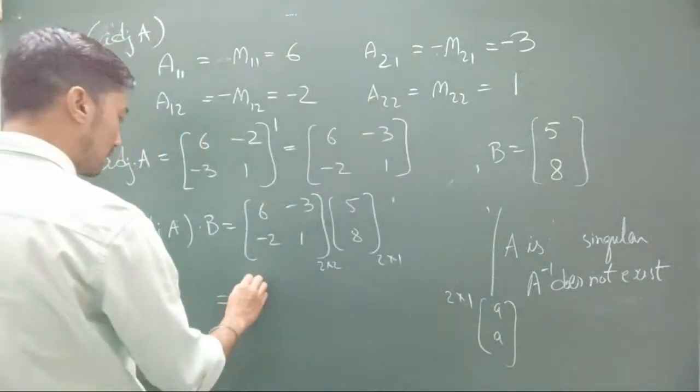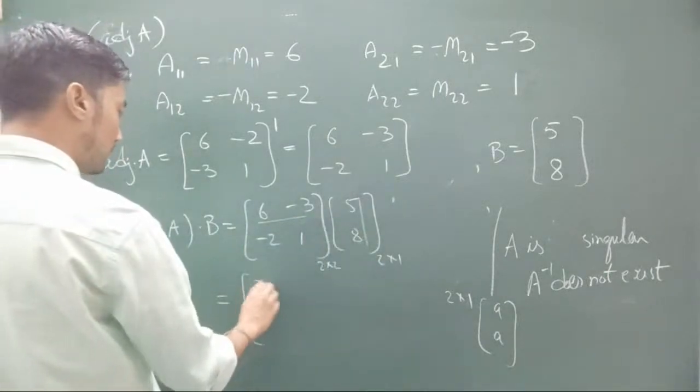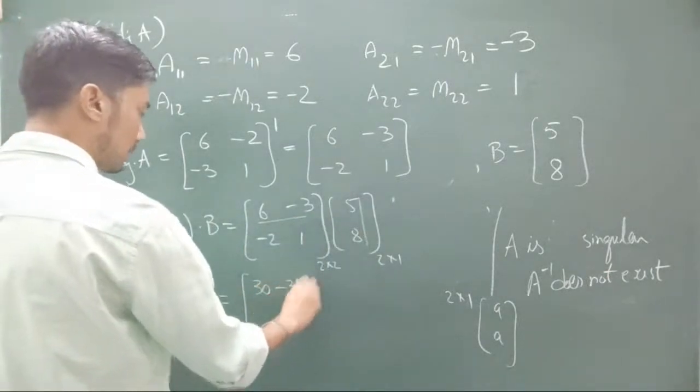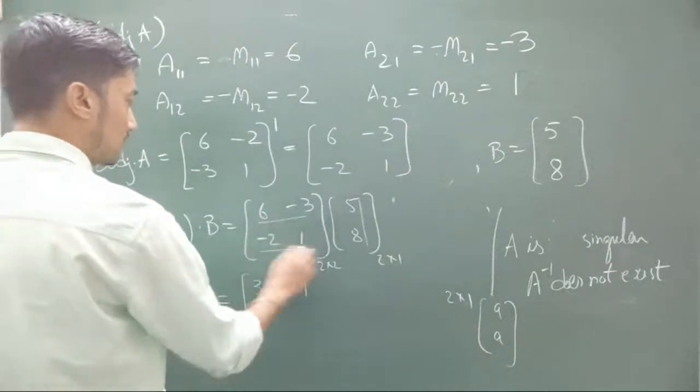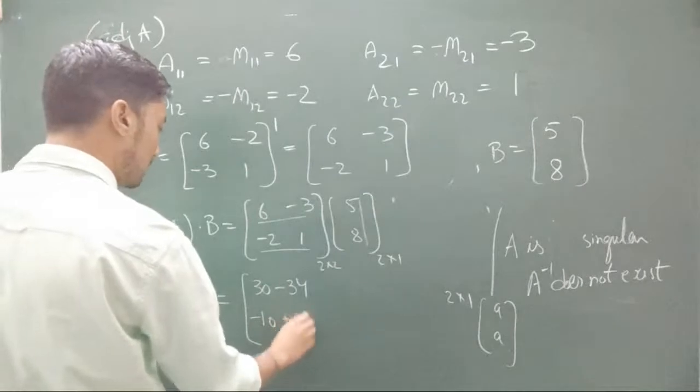So the first entry: 6 5s are 30 minus 3 8s are 24. Next, minus 2 5s are 10 plus 8.